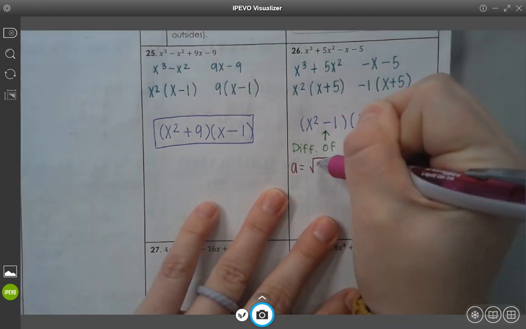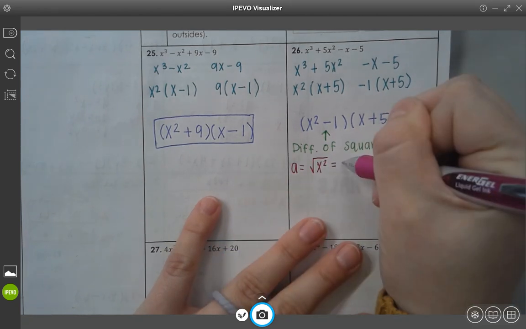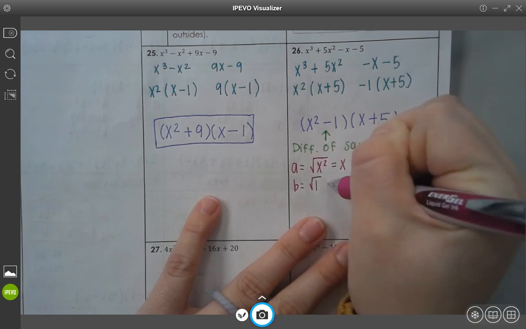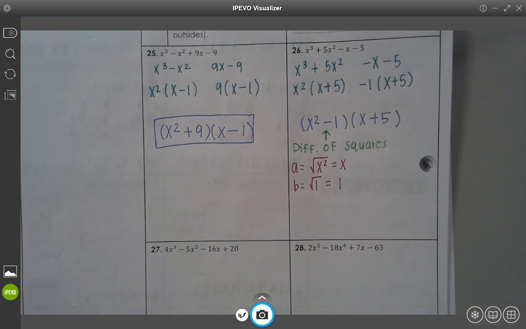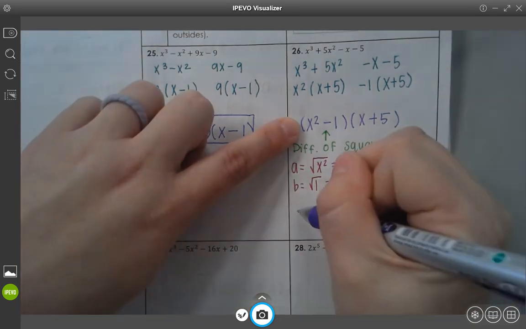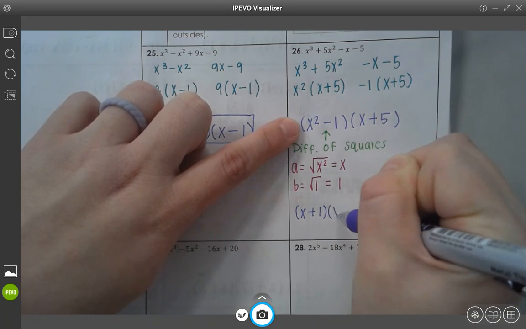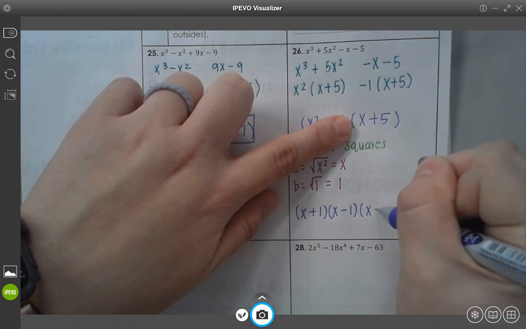A is the square root of x squared, which is what? B is the square root of 1, which is 1. So that first set of parentheses factors into x plus 1, x minus 1. And then we also have the x plus 5.